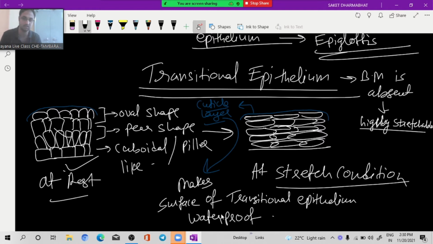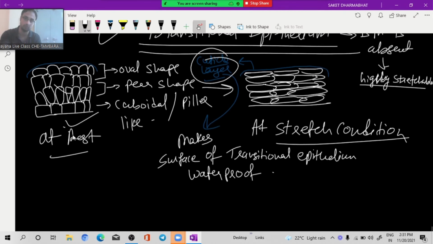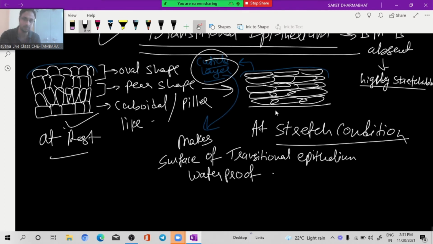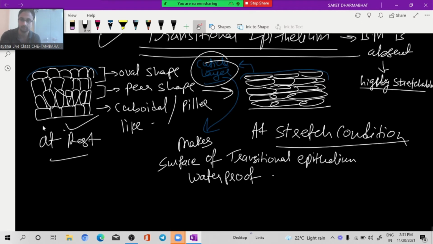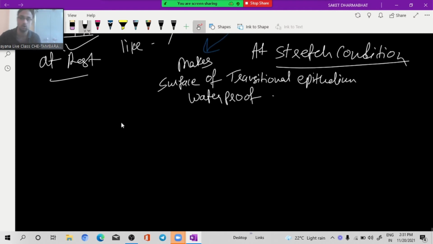So that's why, if any question is asked, which epithelium is a waterproof epithelium, what will you take? Transitional epithelium. Now, why is it waterproof? Let's see. Here is the basement membrane present or absent? Absent. Very good. So transitional epithelium is mainly found in, first of all, the urinary bladder.